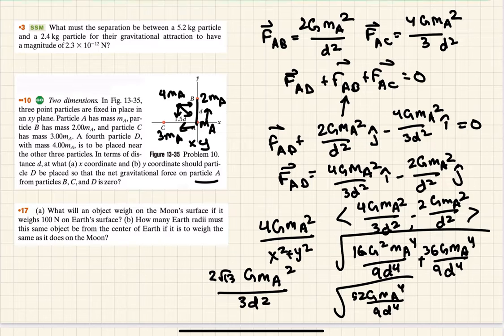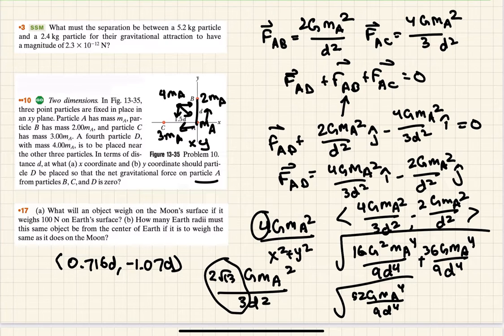Basically not a lot, but if you were to use this to solve for x and y, you would get x is equal to 0.716d and y is equal to negative 1.07d. How would you solve for this? Well, that would be too much math for this video, but what you could do is set x squared plus y squared equal to 2 root 13 over 3d squared.